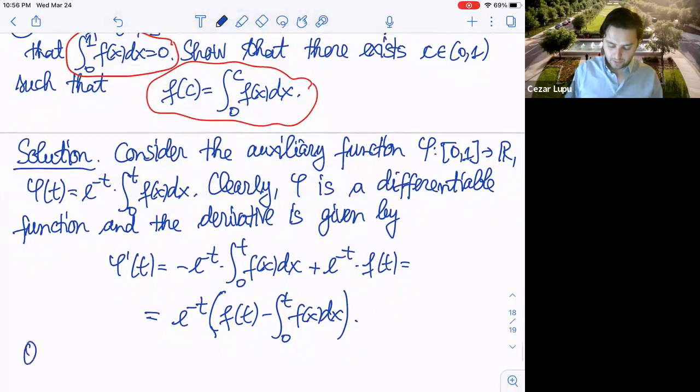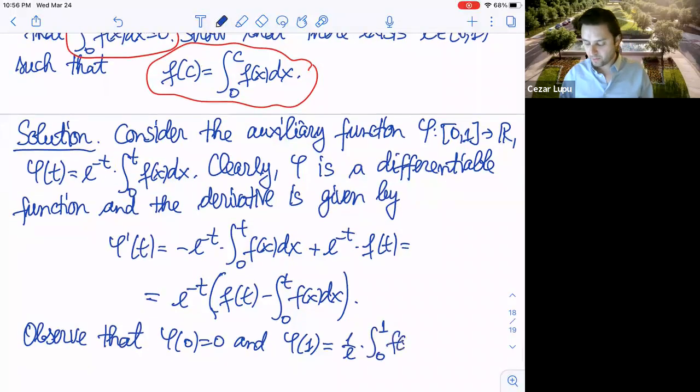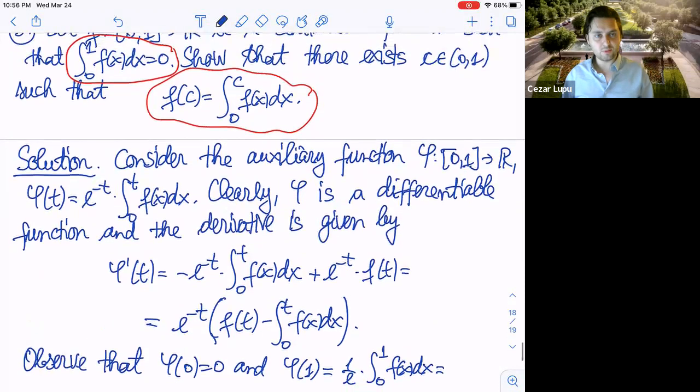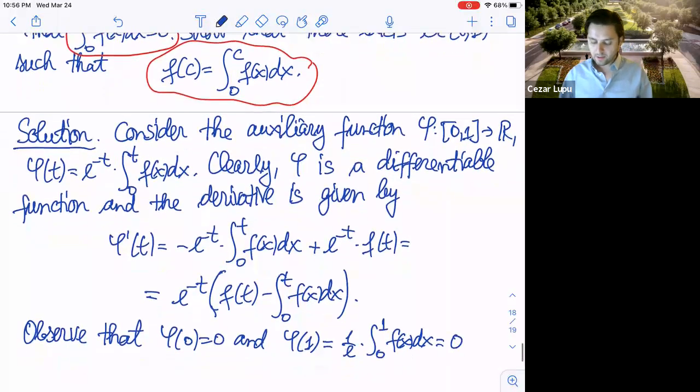So observe that phi of 0 is clearly 0, and phi of 1 is nothing else than just 1 over e times the integral from 0 to 1 of f of x dx. And since we know from the hypothesis that this is 0, this will be 0.